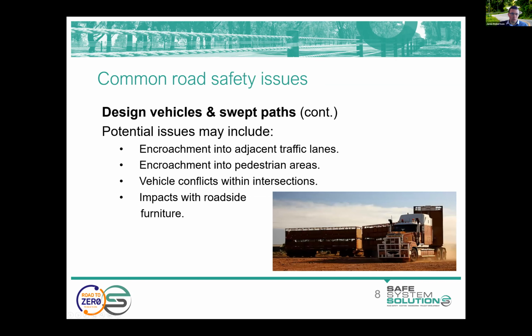Now, those issues relate generally to there not being enough space for a large vehicle to turn. We can go too far the other way and provide too much space.